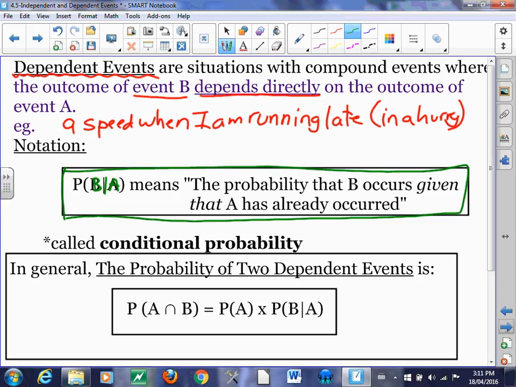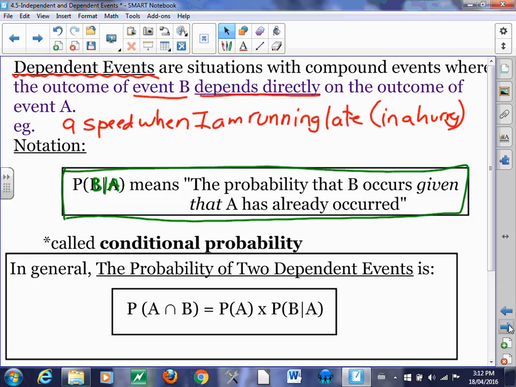So, an example of this, folks, would be if I have a deck of cards and I ask one student to pull a card out and don't show anybody. Then I ask her to hold on to it, and then I ask another student to pick out another card. Well, what the first person had in their hand affects the second person's probability. First of all, instead of having 52 cards, the second person would have only 51 cards, so that does affect the probability.